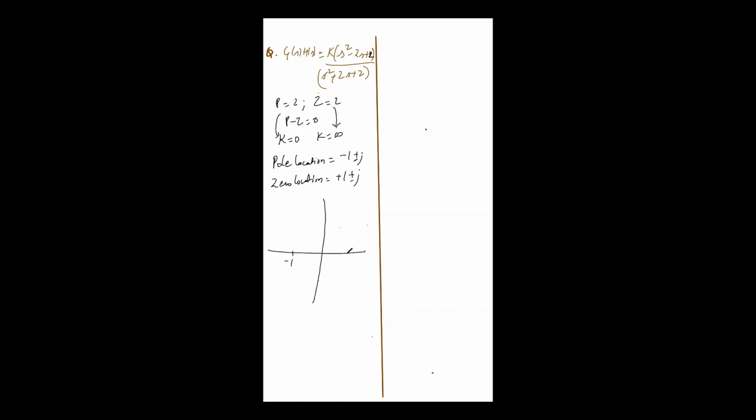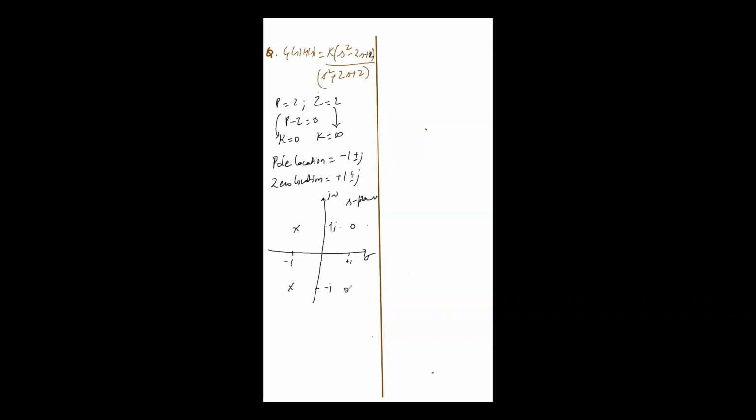Let's suppose this is -1 point, this is +1 point. This is your S plane. This is j omega axis, this is real axis. This is suppose plus j point, this is minus j point. So this is the location of poles here, and this is the location of zeros here.